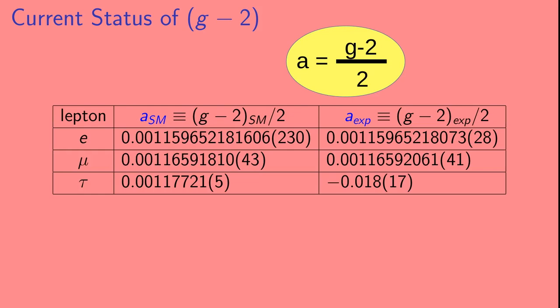So for example, A mu is just g-2 of the muon divided by 2. I will use both terms in this video, so just know that they are equivalent up to a factor of 2. Okay, so for each of the numbers given in the table, its uncertainty is given in parentheses and applies to the last digits of the result.